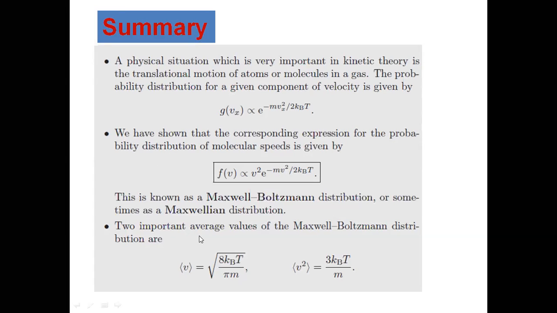So two important average values of the Maxwell-Boltzmann distribution are the average speed equals the square root of 8 k_B T over pi m, and v square average equals 3 k_B T over m.